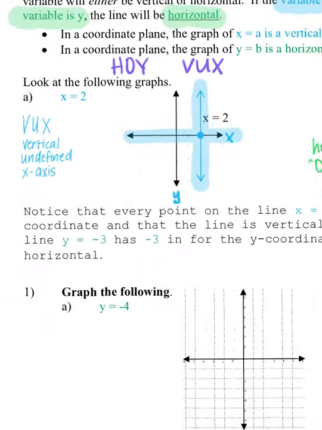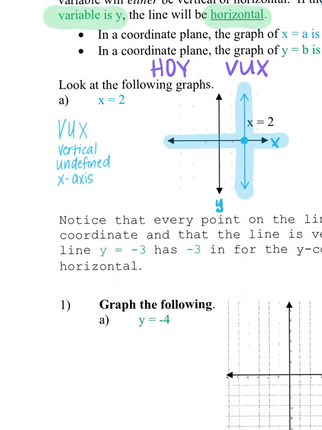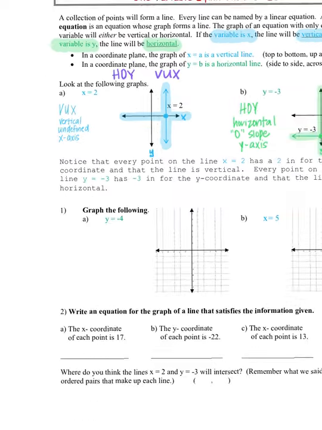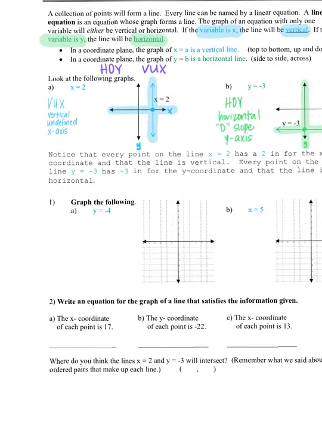If we look at VUX, we have VUX stands for vertical, undefined, and on the x-axis. So these are just a different way you can try to remember what each line means.